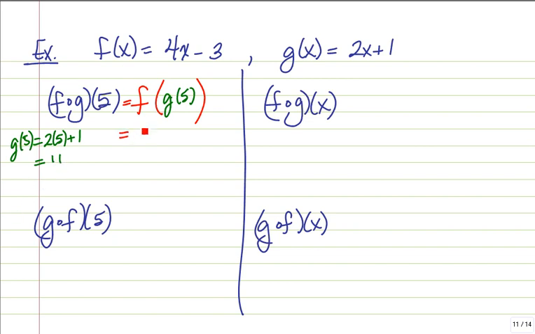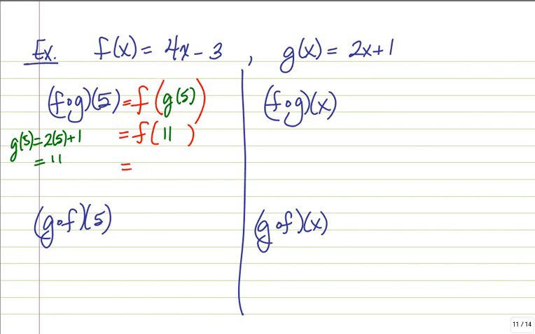So g of 5 now we're going to replace with 11. So f of g of 5 means really now to just find f evaluated at 11. So we're taking what we found with the function g and putting it into the function f. So f of 11 is going to be what?